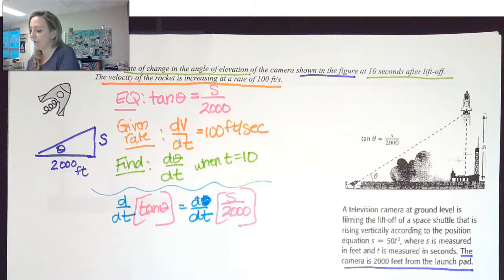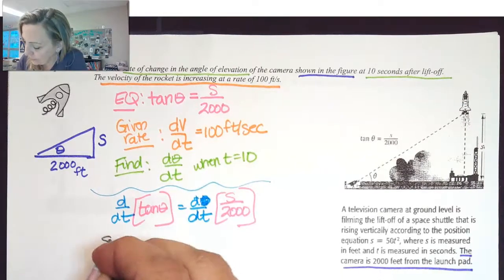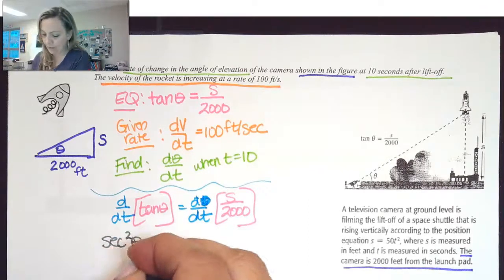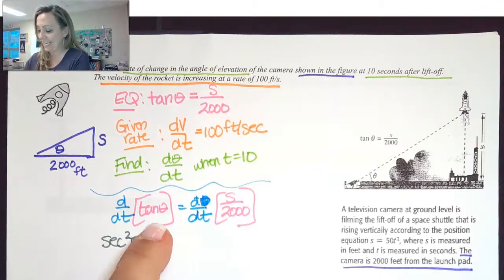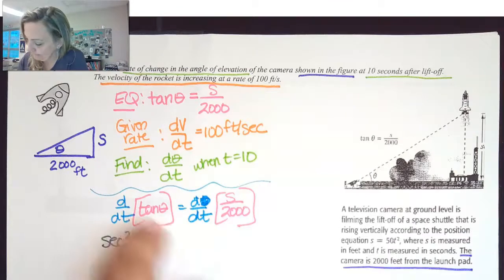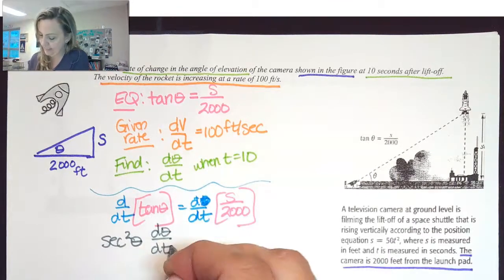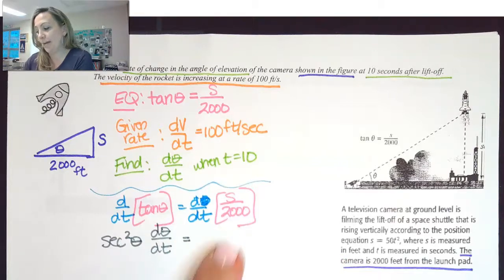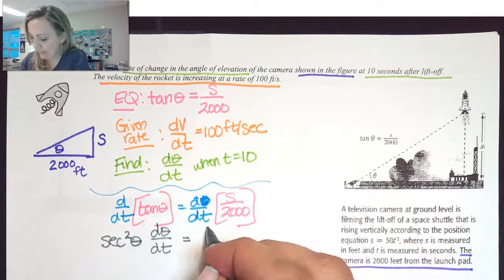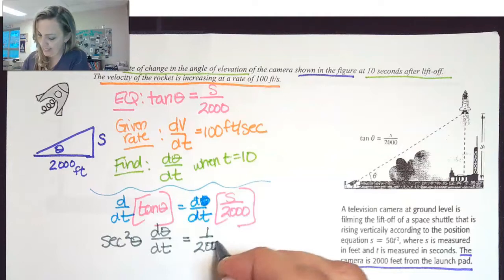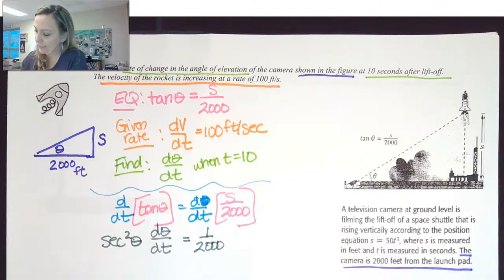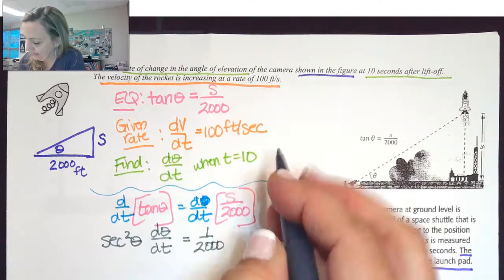When I take the derivative of tangent, that's secant theta squared. So I'm going to have secant squared theta times d theta dt, since it's with respect to t. And I can pull out the 1/2000, and that is going to be times ds dt.